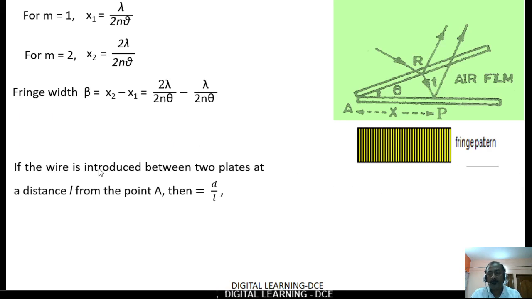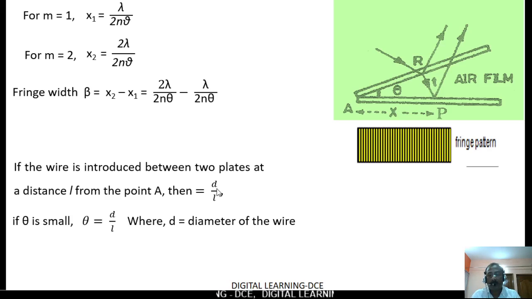If a wire is introduced between these two plates at a distance L from the point A, then theta becomes d by L, where d is the diameter of the wire.